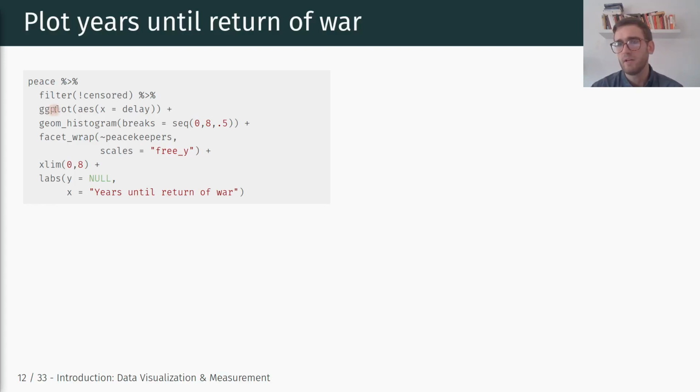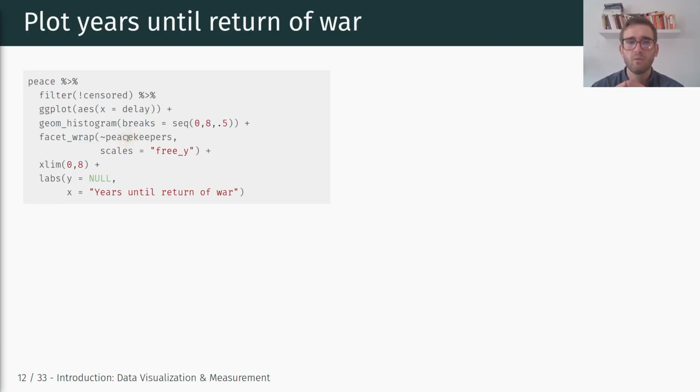We then have our basic ggplot command where we specify one aesthetic on the x-axis. For the x-axis, we want to map the delay. We then add a histogram with some specifications for the breaks between individual bins of the histogram.